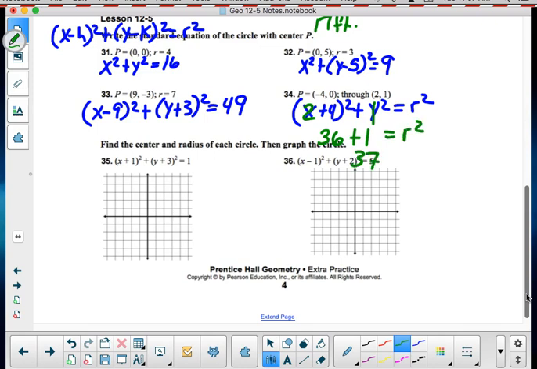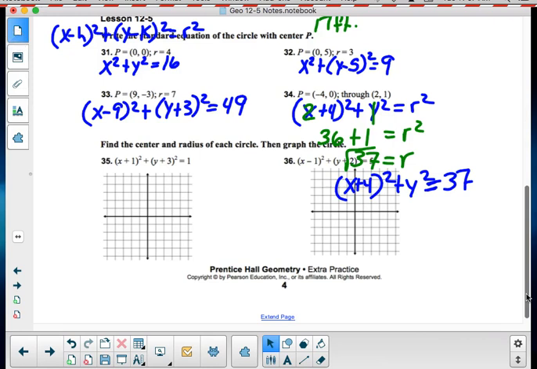So this is 37, and r is the square root of 37. Okay, so now I can write the equation to be, in this case, x plus 4 quantity squared plus y squared equal 37. So that's what I've got there.